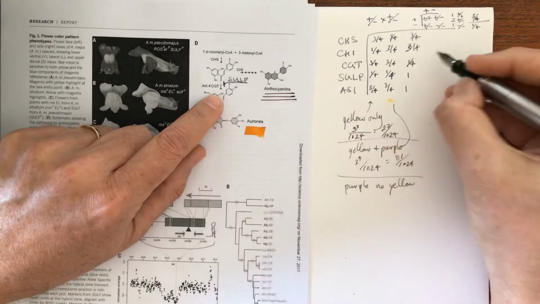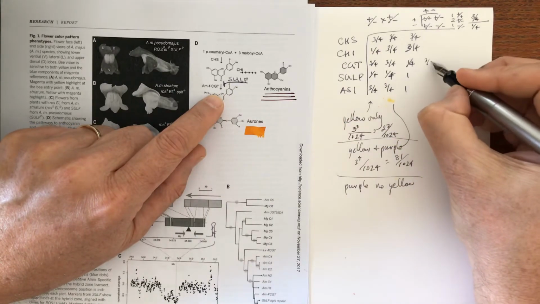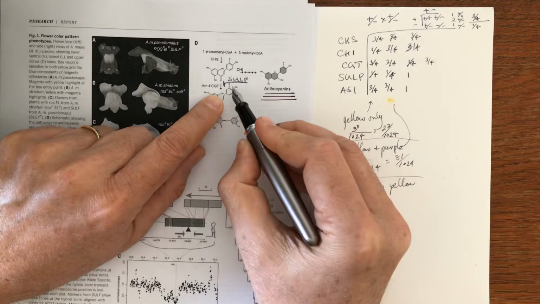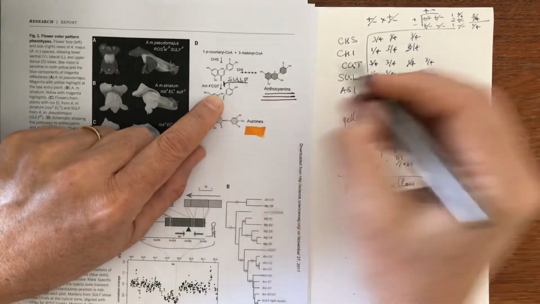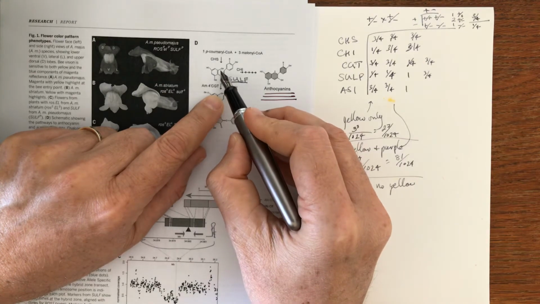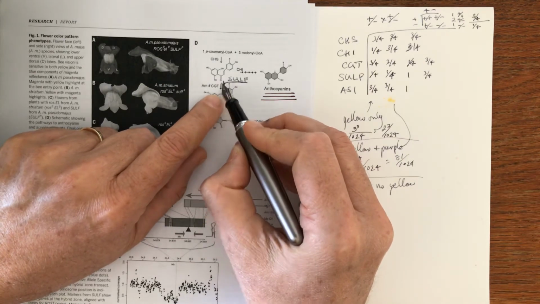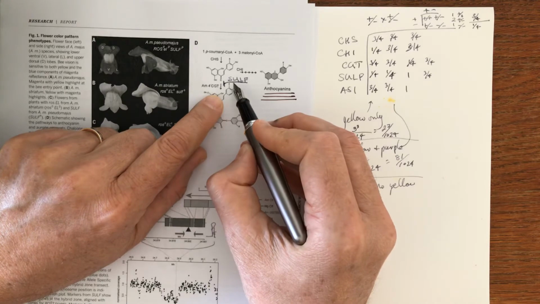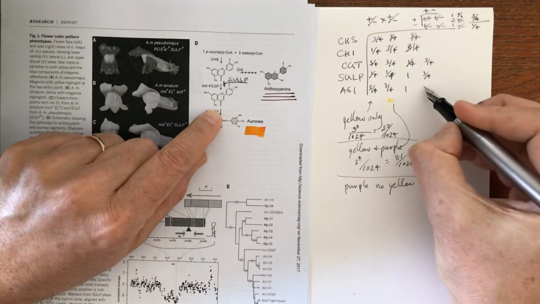Or it could be it's functional at CGT, but sulf is functional, right? If it goes through here and this gene product works, but this one doesn't, then that'll also be white, and then it doesn't matter what's here.